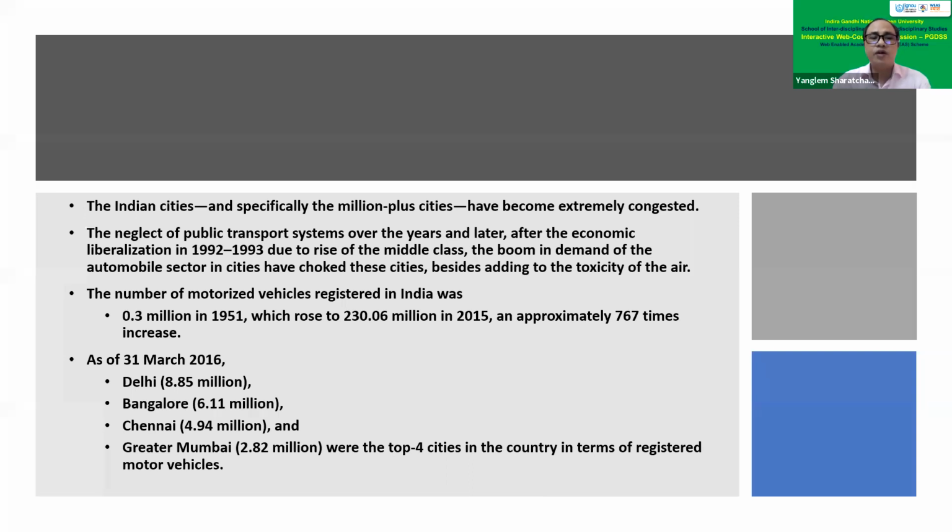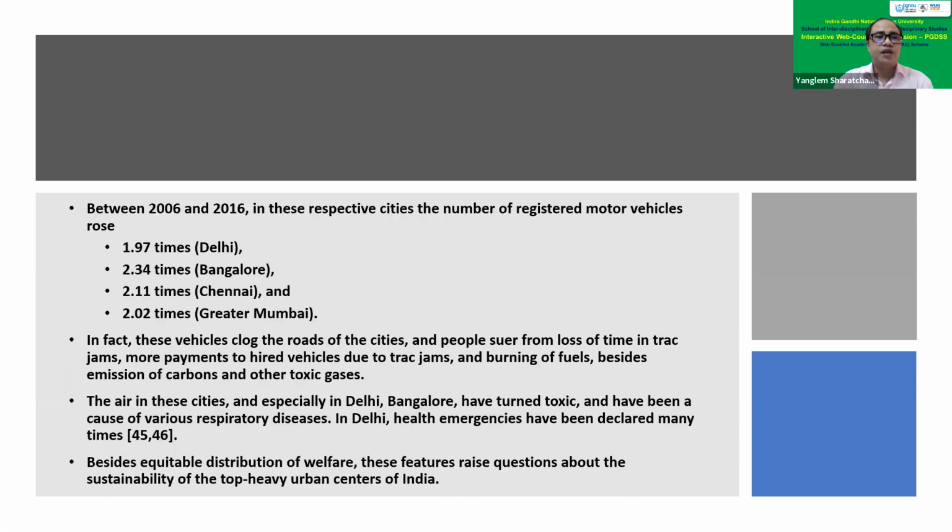See on this figure, as of 31st March 2016, Delhi has 8.85 million registered vehicles. So these are the figures of the rate. And if you look at it qualitatively, during the 10 years from 2006 to 2016, it grew 1.97 times, and 2.34 in Bangalore.